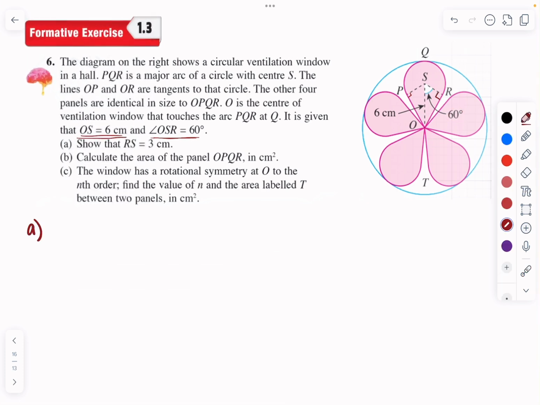A. Show that RS is 3. Okay. Let's take this right angle triangle out. So let me redraw this here.